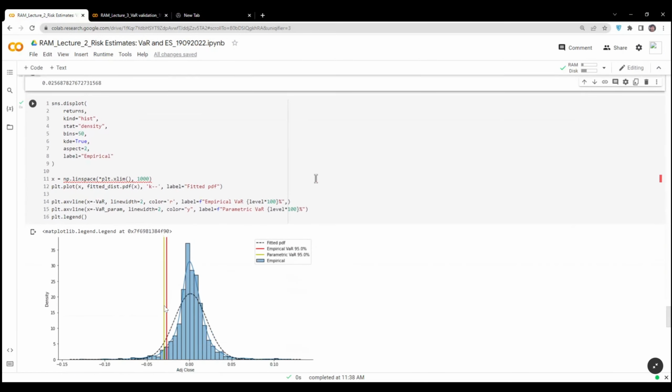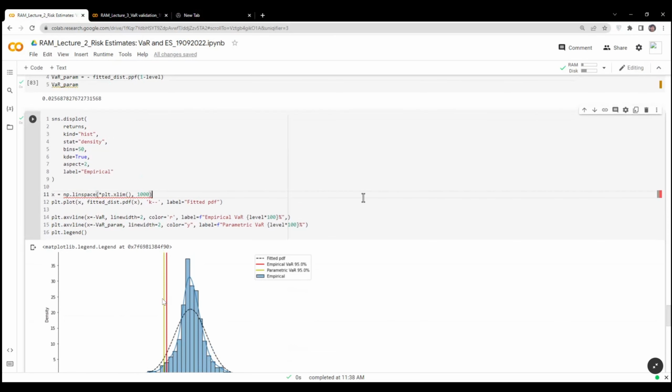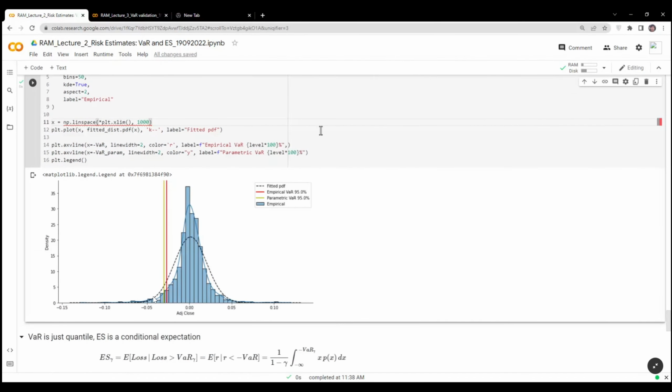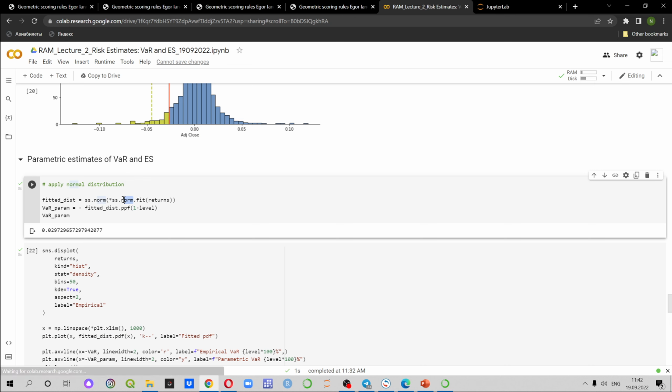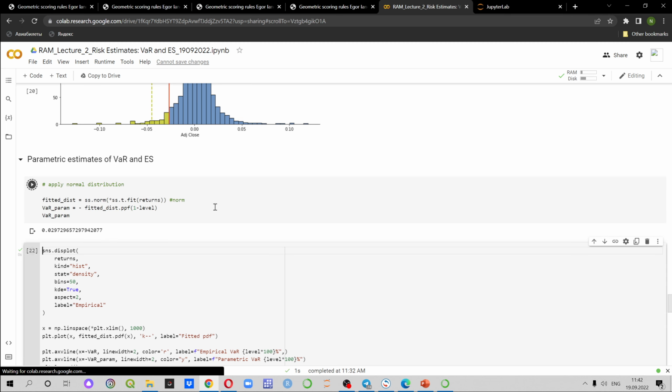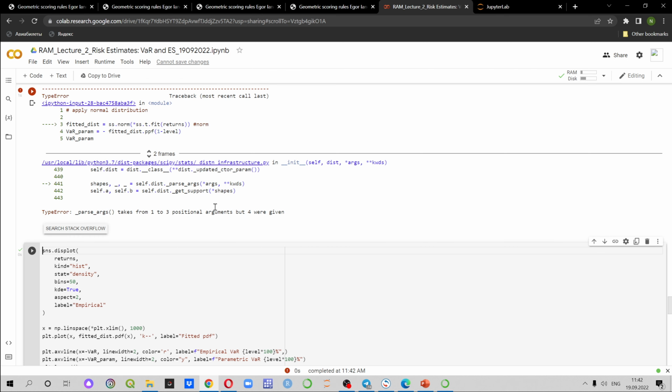Okay, now I apply the new distribution. All right, now we can see that the parametric estimation of value at risk is pretty close to the empirical one.